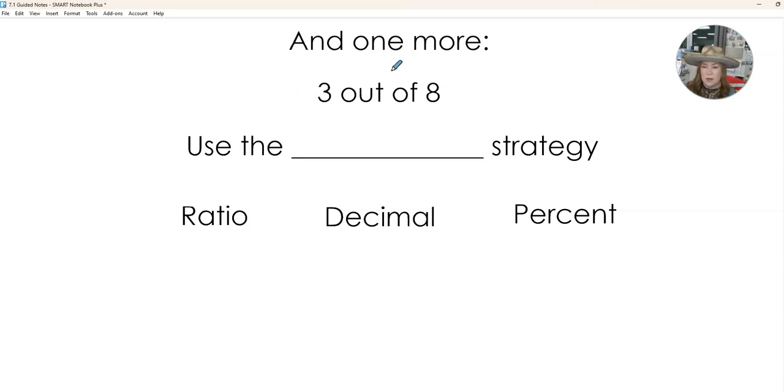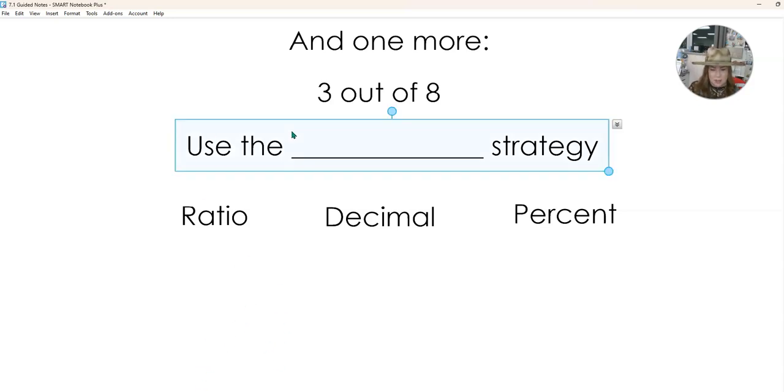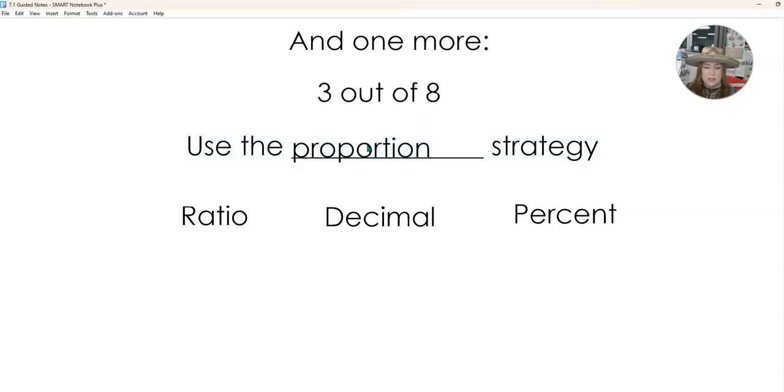And we're going to try one more here. So we have 3 out of 8. And this time we are going to use the proportion strategy. Very similar to what we just learned in our last module. So we're going to set it up and see how we get there. So we have 3 out of 8.